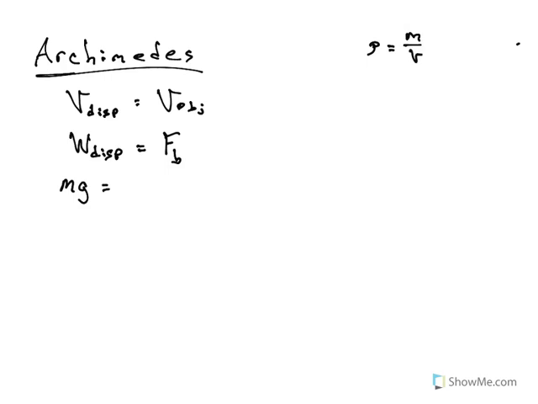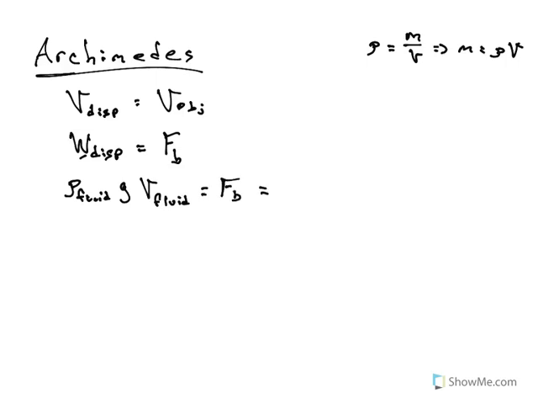So the mass is going to be density times volume. So I could rewrite m times g as rho of the fluid times g times V of the fluid. So the weight of the water displaced is the same as rho times V, that's the mass, times g. So that must be the buoyant force acting on the object.